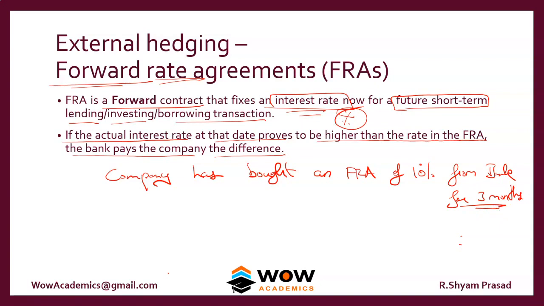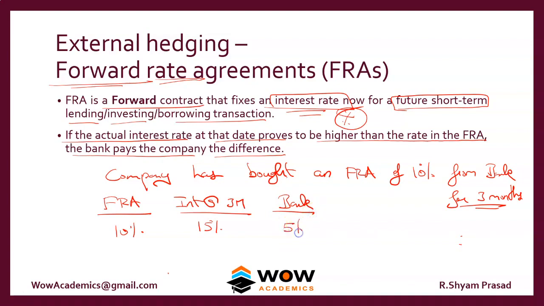So what would happen here? The FRA is essentially 10%, and the actual interest rate at 3 months time has come to 15%. Then it means that the bank has to pay 5% to the company. That means the effective interest for the company would be 10%.